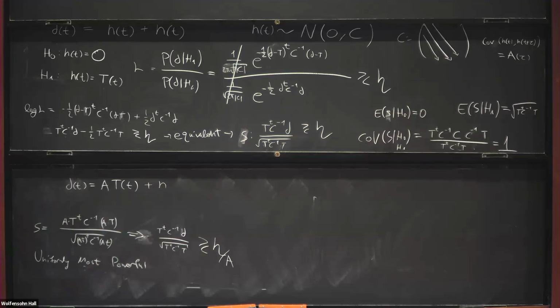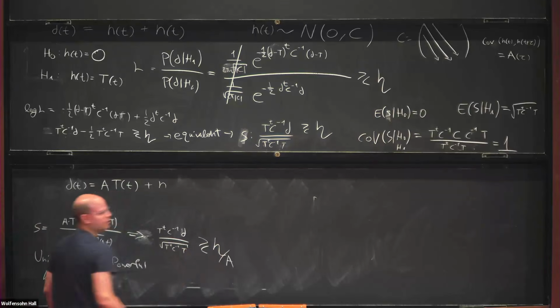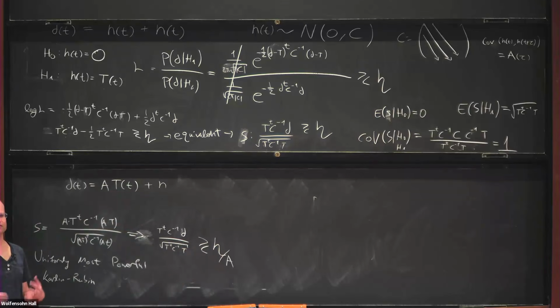If you want to read about this, there's the Karlin-Rubin theorem that does a very complicated thing, and in the end it's useful only for that case. Even if this function had been a monotone function of eta, that would have still applied, but a general monotone function I haven't seen. I have seen a constant. Good, so that's uniformly most powerful.